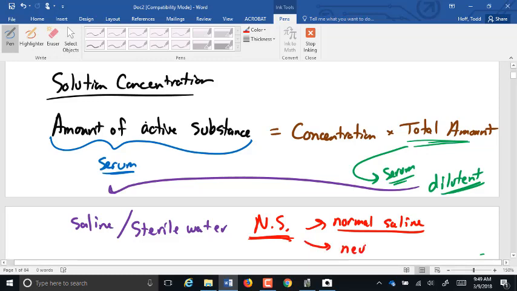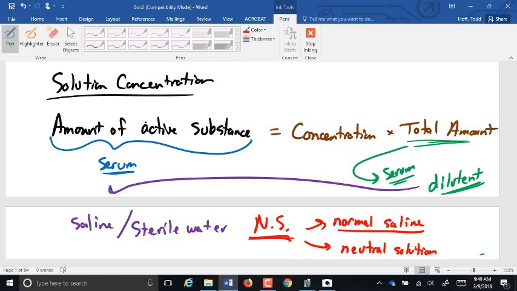Or neutral solution. A neutral solution could be water, could be saline, could be anything that can be put into the body and have no interaction with the body. So it has no medicinal value again. All it's there for is to reduce the concentration of the medication that we're mixing it with.